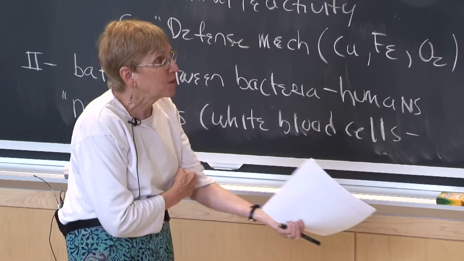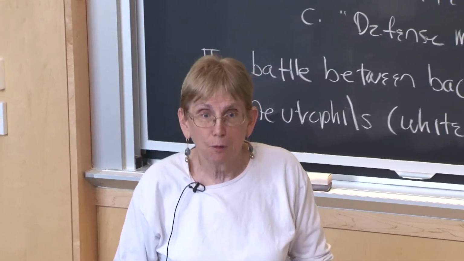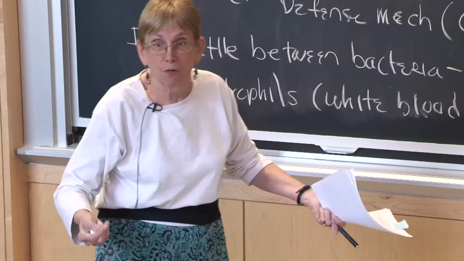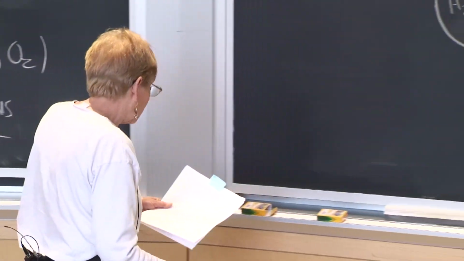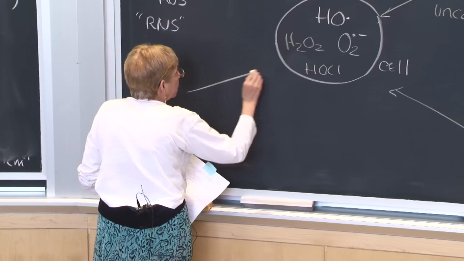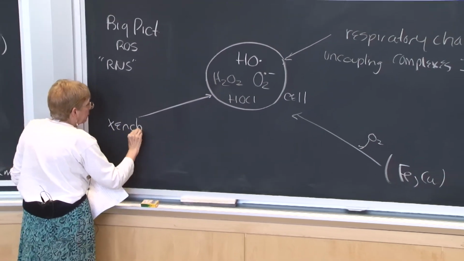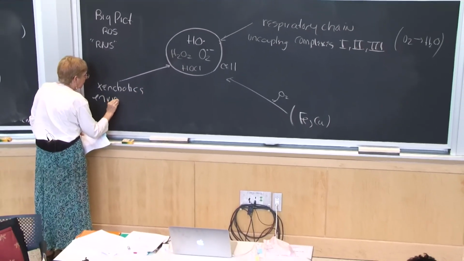And hopefully you remember that one of the proteins regulated by the iron-responsive element binding proteins was the oxygen-sensing transcription factor. Another way that we get these things is from xenobiotics or environmental pollutants.